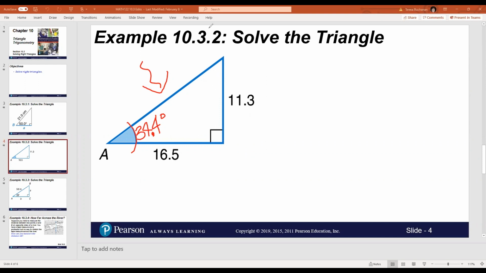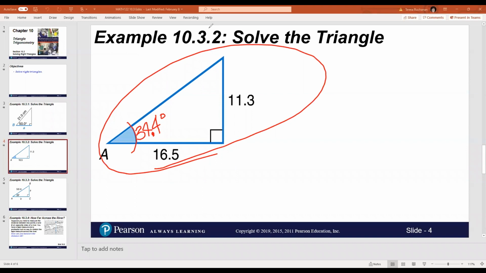Just find that hypotenuse. So I'm going to also give you this one to finish out as an in-class activity. So you'll find this angle here and you'll find that hypotenuse in class. Make sure that you mark the problem very, very clearly for me.